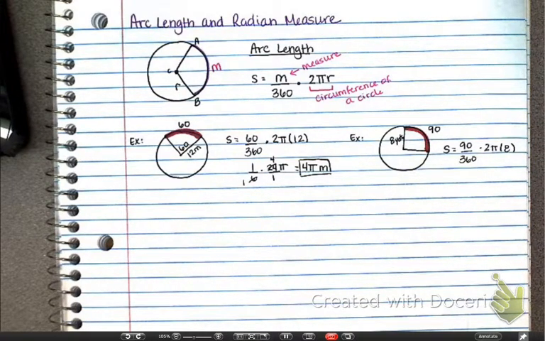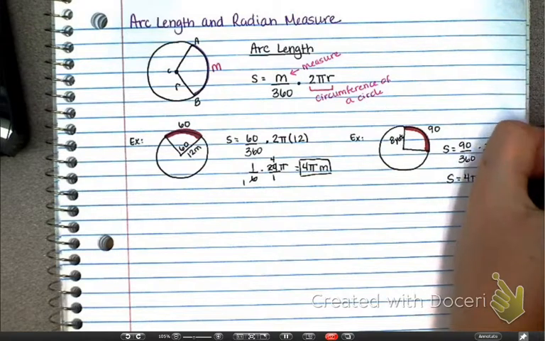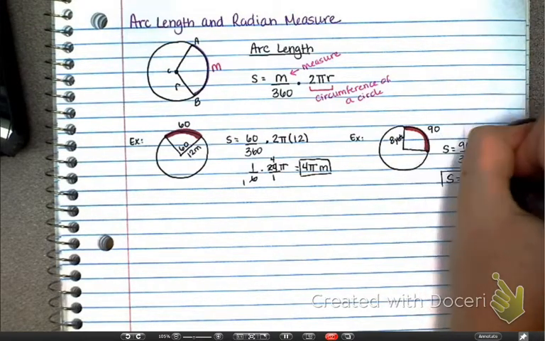What did you get when you simplified it? 4 pi yards.